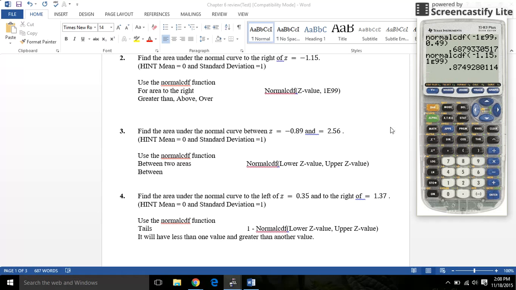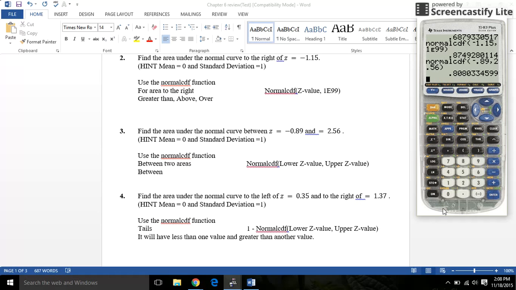So we're going to do second, bars, 2, and then you put your lower value in, which for us is -0.89, comma, then my upper value, 2.56. Close the parentheses, press enter. So for the area between -0.89 and 2.56, it's 0.8080.